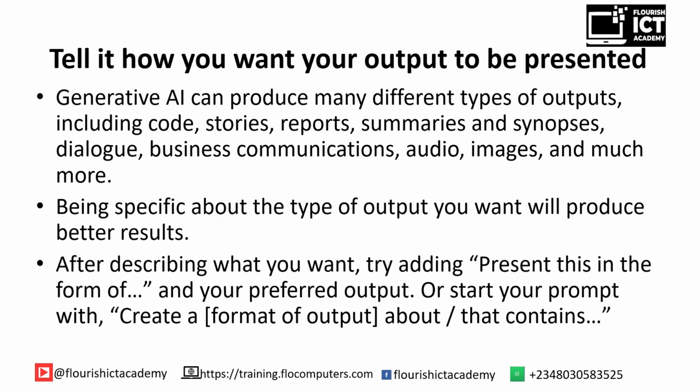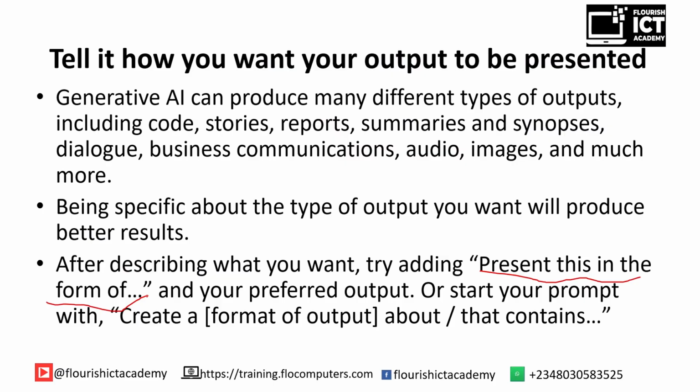So after describing what you want, try adding "present this in the form of" to your description to the AI. Present this in the form of a code, in the form of a report, so that it can come up accordingly, and your preferred output.